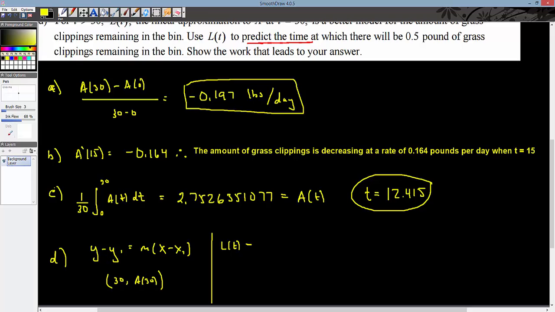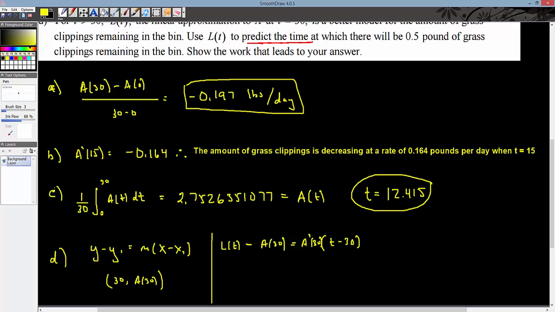So I'm going to say L of t, which is like y, minus A of 30 is going to equal whatever slope I'm dealing with times t minus 30, right? x1 being 30, t being x. Now all I need to do is figure out my slope at 30. Well, that's easy. That's A prime of 30. So this is my equation for my linear approximation right here.